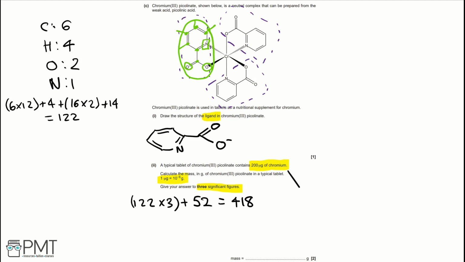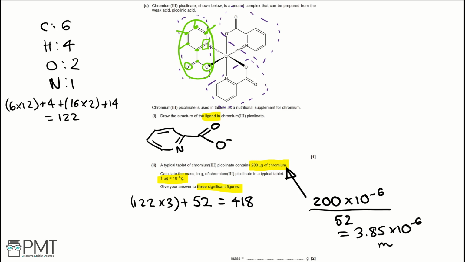Next, we need to take the 200 micrograms of chromium, and we need to work out the number of moles using this. So we take 200, we multiply by 10 to the negative 6, and we divide by 52, because we're told that it's the mass of chromium, and 52 is the relative formula mass of chromium. That gives us 3.85 times 10 to the negative 6 moles.